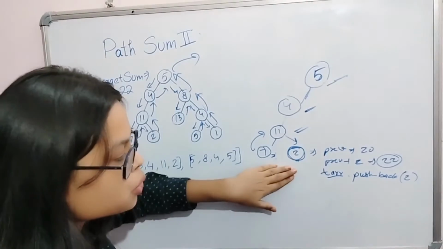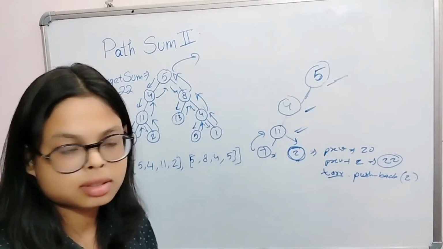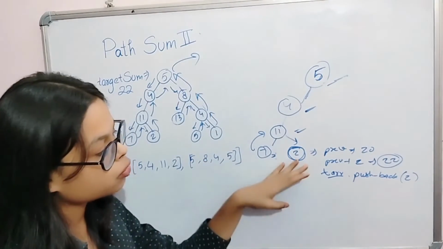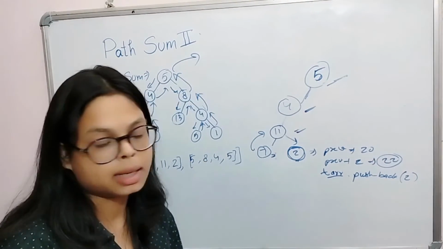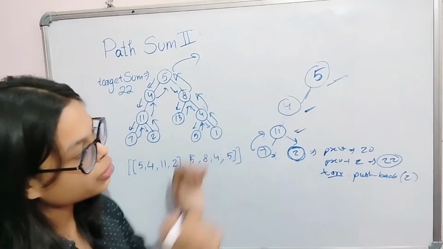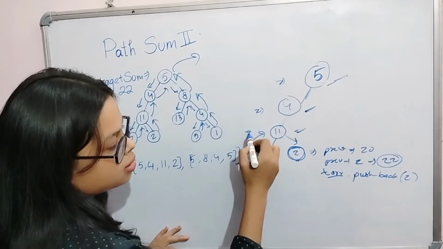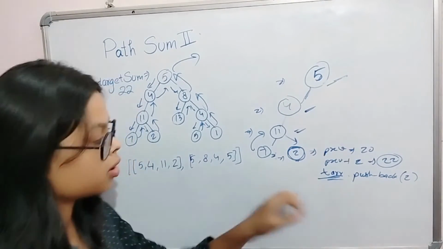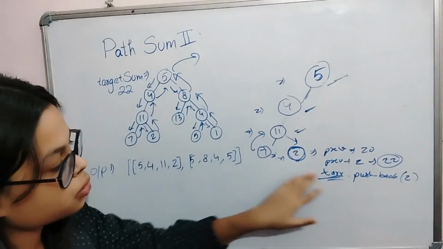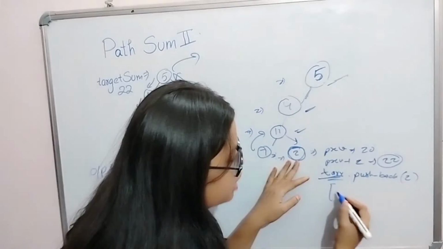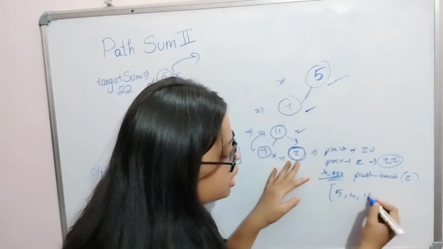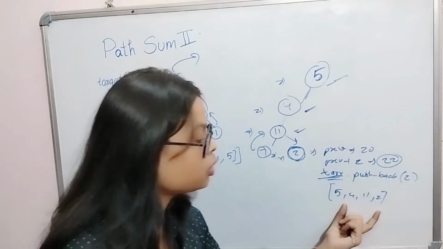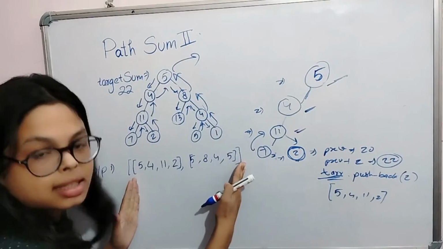So for each node we will maintain a previous, whatever the previous sum of its ancestors is, and also for every node we will have a temporary array, and we will push back whatever the node's value is into that temporary array.